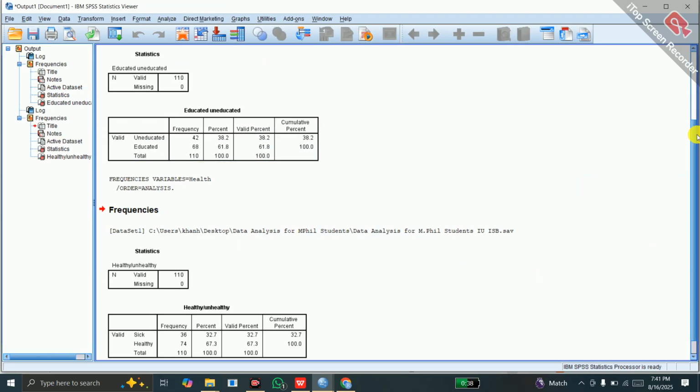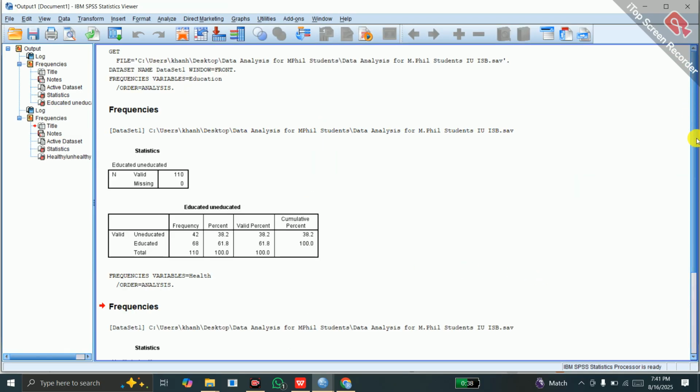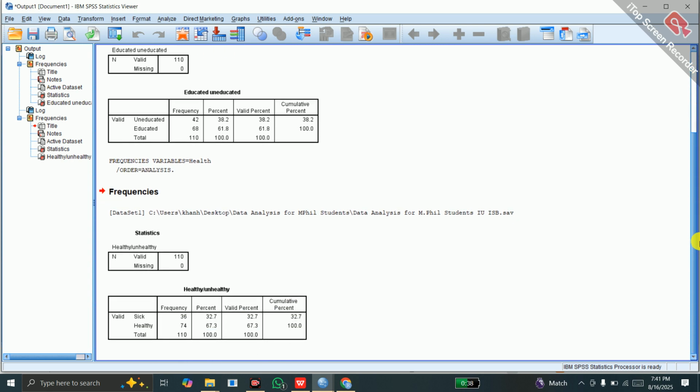So this is the frequency distribution of health. It shows that out of 110, 74 are healthy and 36 are sick people. So it means that 67% of them are healthy and 33% of them are sick.